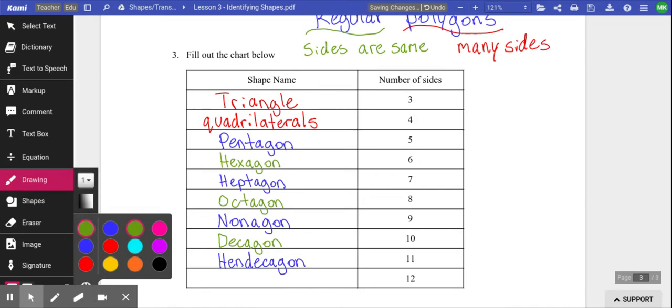And a 12-sided shape is a dodecagon. You might notice that 10, 11, and 12 all have the word decagon in them. And so for 10, it's just a decagon. For 11, it's a hendecagon. And then for 12, it's a dodecagon. I don't really have any great ways to remember those things. These are things you're just probably going to have to memorize through a lot of practice.